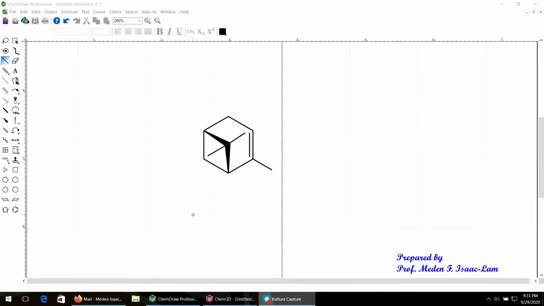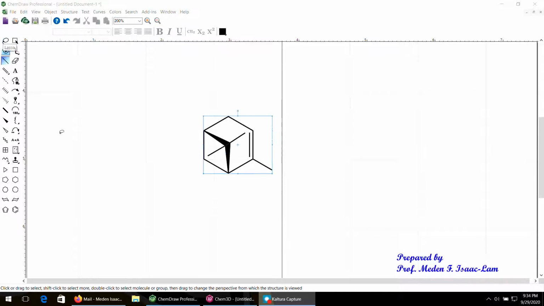We would like to determine the stereochemistry of the chiral carbons. The carbon on top is achiral, sp2; this one is achiral, sp2; this one is achiral, sp3. We have two chiral carbons, this carbon and this carbon.